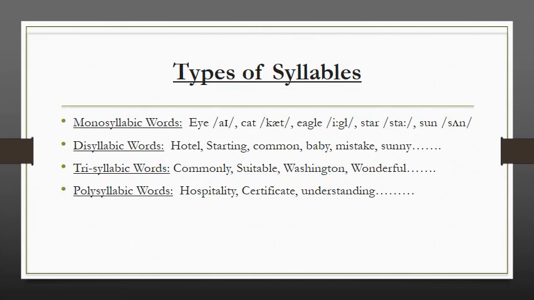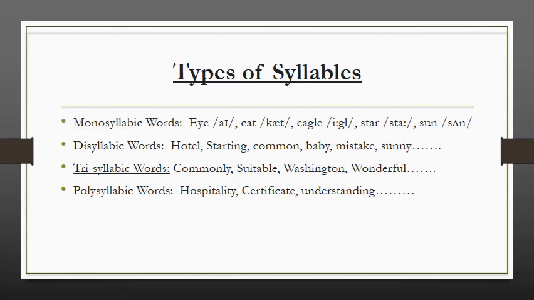So viewers, now let us move towards the types of syllables. I'm sure that the structure we just studied is very much clear to you. So now let's start the types of syllables. The first one is the monosyllabic words, the words that consist of only one syllable.